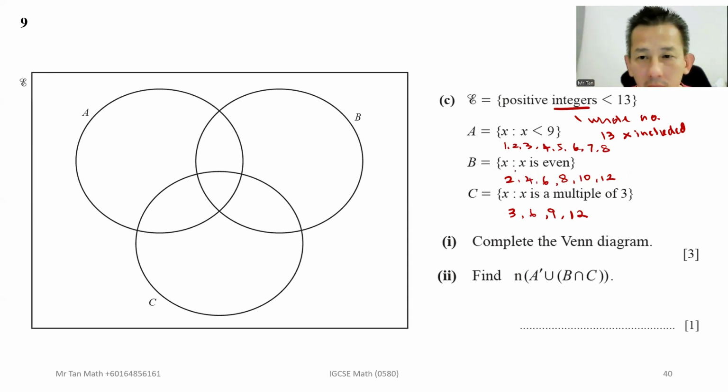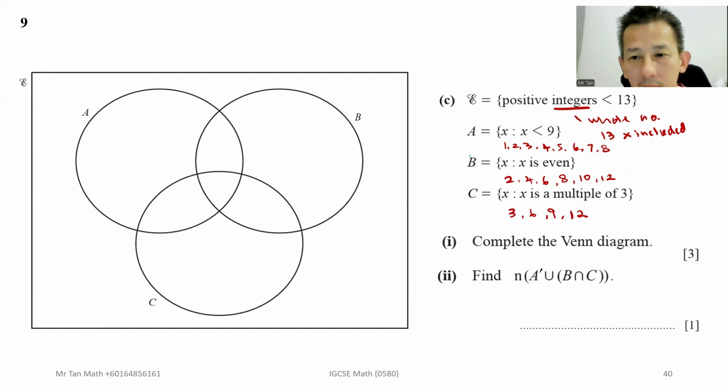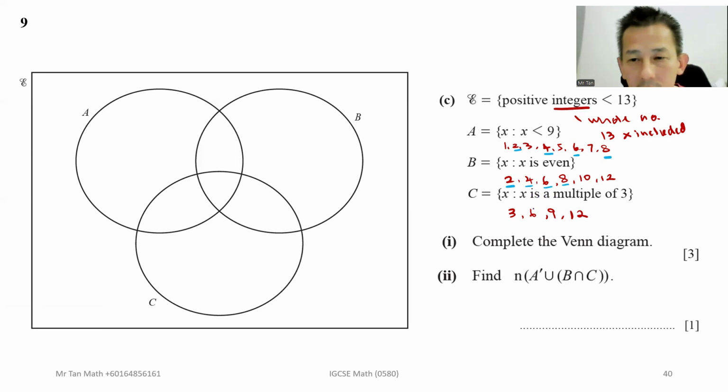Okay, so for A, let's find some colors. A and B, we have 1, 2, 3, 4. And then A and C, B and C, with 6, 12, 2.